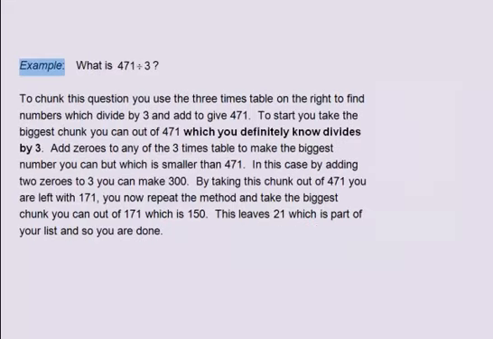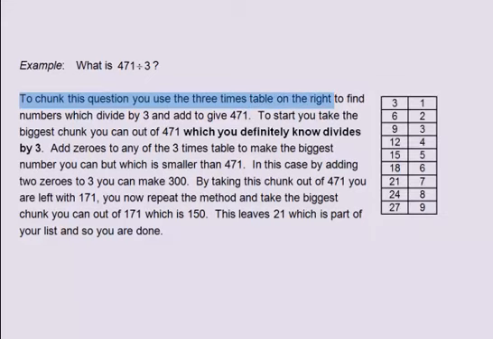Example: what is 471 divided by 3? To chunk this question, you use the 3 times table on the right to find numbers which divide by 3 and add to give 471. To start, you take the biggest chunk out of 471, which you definitely know divides by 3.